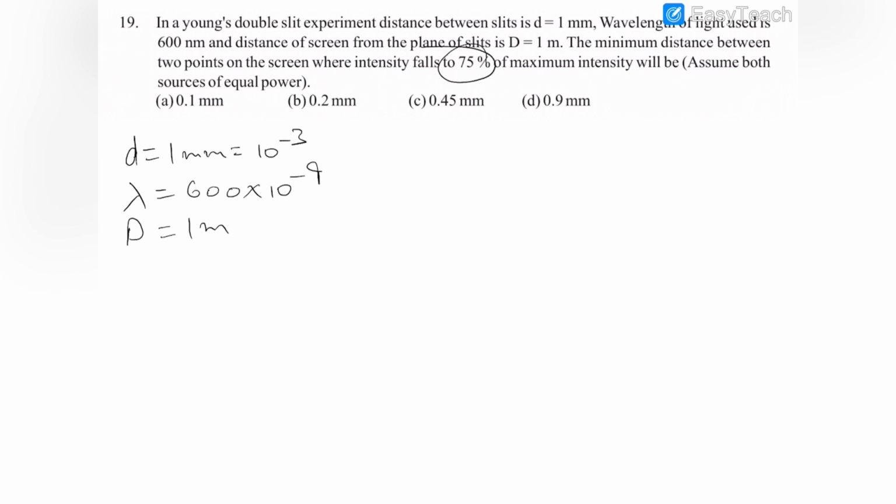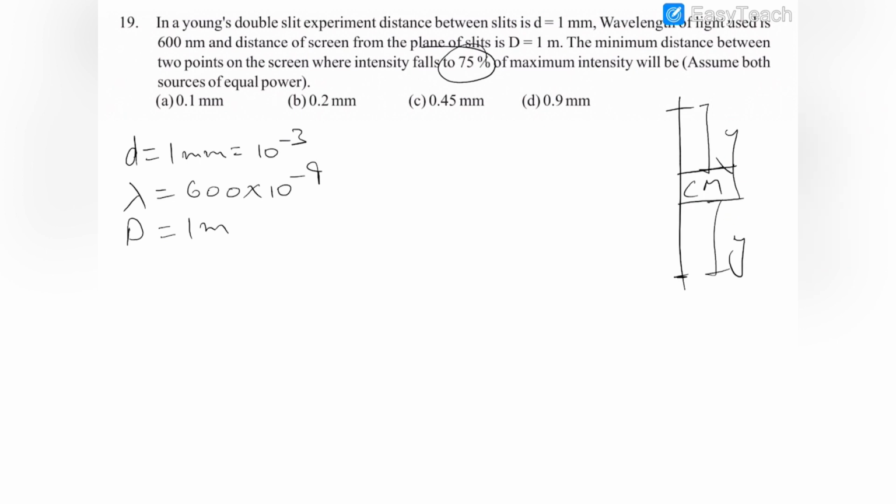So let us see that we know that at the center of the screen, central maxima is formed, and at a distance of y on the upper side of the screen and at a distance of y on the lower side of the screen, those 2 points are lying which have an intensity which is 3/4 of the maximum intensity.